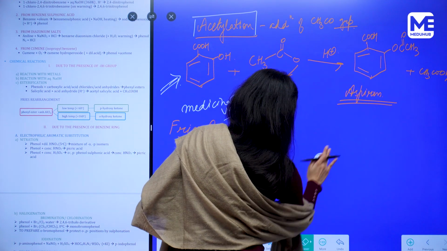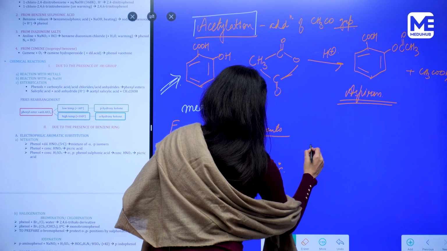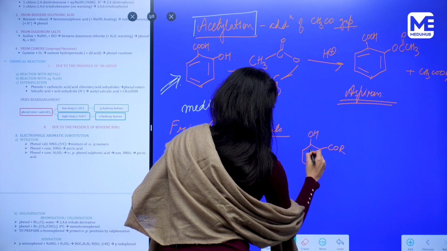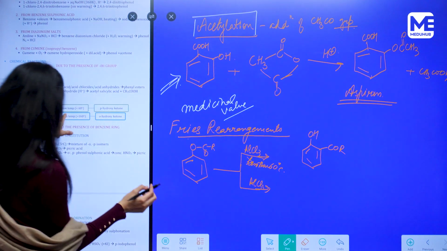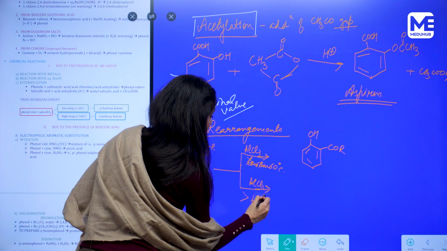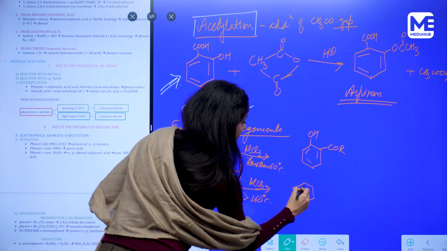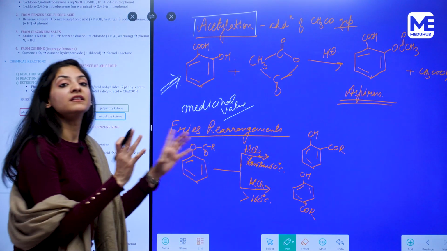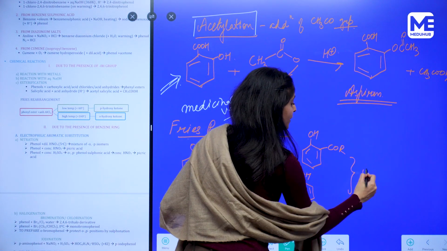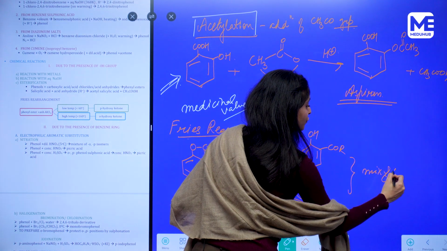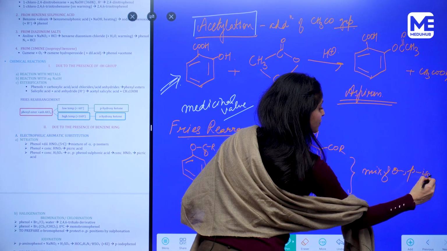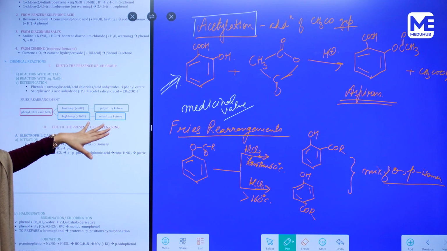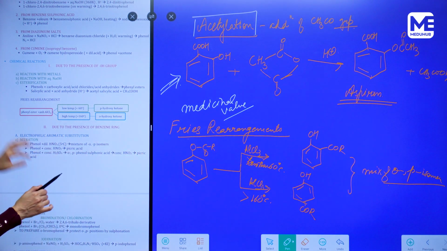Let me just draw it more clearly. Here, and if the temperature is higher, that is greater than 160 degrees, we will get the para isomer. Or at other intermediate temperatures, we get a mixture of ortho and para isomers. This is called Fries rearrangement. So these phenyl esters undergo rearrangements and form hydroxyketones.